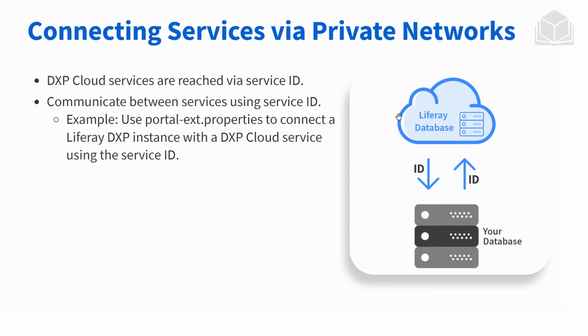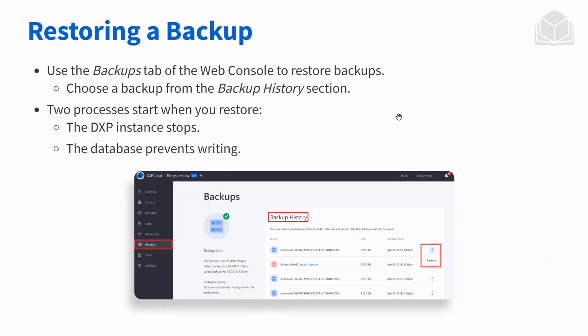All I'd have to do is reference the DXP Cloud database service's ID within the portal-ext properties of my Liferay instance outside of DXP Cloud. We'll make this a lot more clear once we hit our example. But just keep in mind, if you want to connect to DXP Cloud services, we just need to reference their service ID.